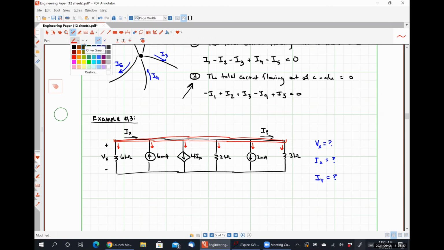All right. So I'm going to start at the left-hand side of my node, and I'm going to start writing equations. I'm looking for the current that is flowing down through my 6 kilo ohm resistor. There are a couple of different ways that I can express it, but I'm going to start with something simple and just add currents together.